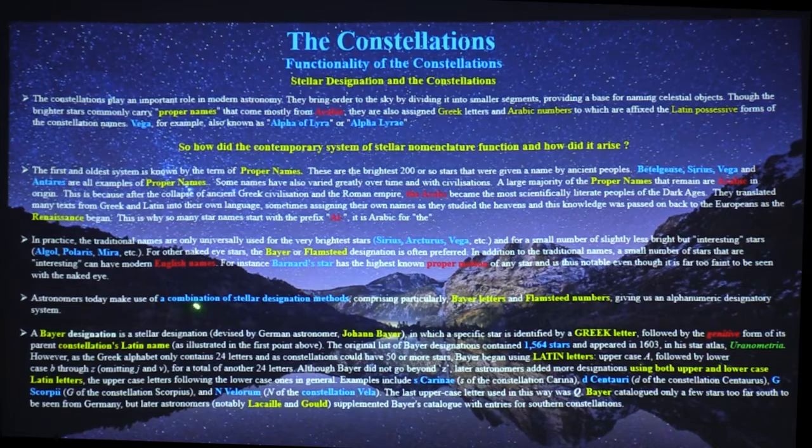Now, astronomers today make use of a combination of these two methods. So a Bayer designation is a designation by Johann Bayer with a Greek letter followed by the genitive form of the parent constellation name. So say it's Orion. I don't know if you know any Latin, but the genitive form is the second form of a noun. Most English words today are derived from the genitive form of Latin nouns. Mensa, mensa, mensa.